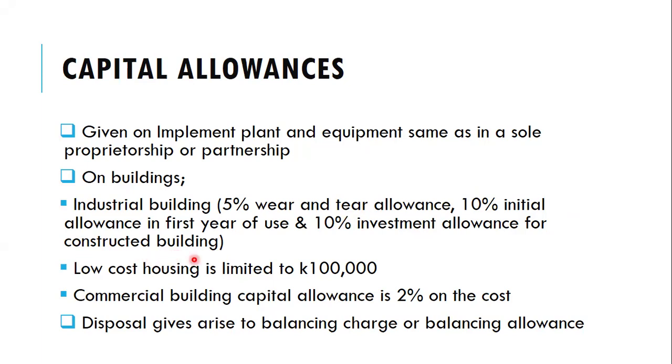Then for low cost housing, these staff canteens and all these other low cost housing, the cost is limited to 100,000. I remember this is something I wanted to tell you, but I'm glad I've come across it. I told you about the low cost housing when we were looking at capital allowances, saying it's restricted to 20,000.